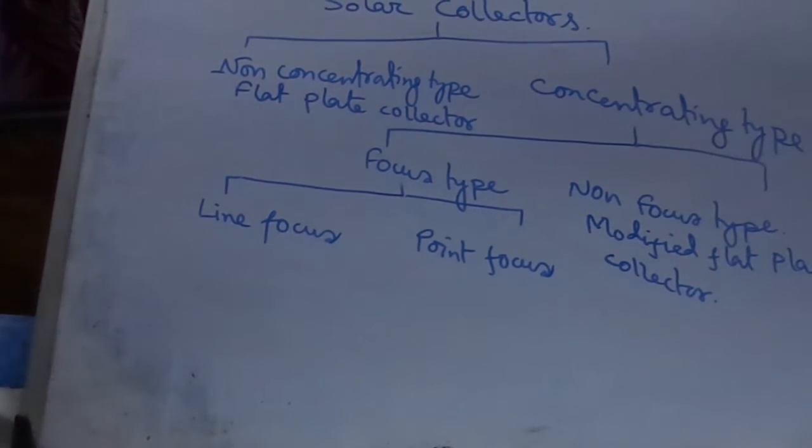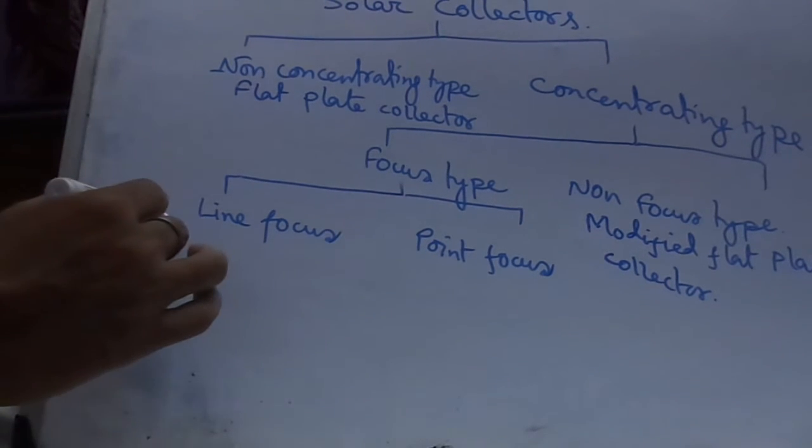And focus type: line focus means cylindrical parabolic concentrator, fixed mirror solar concentrator.